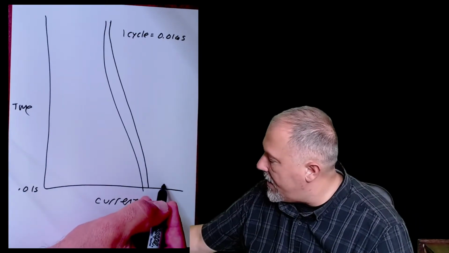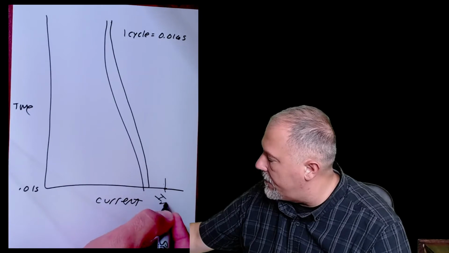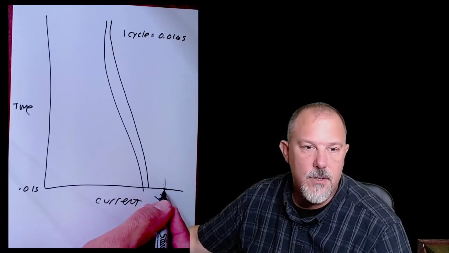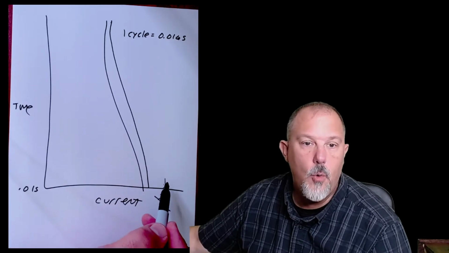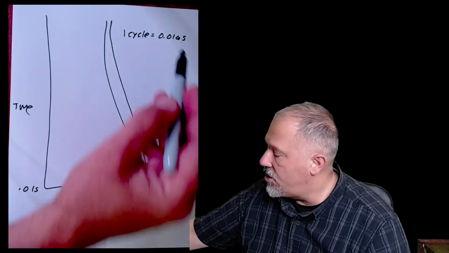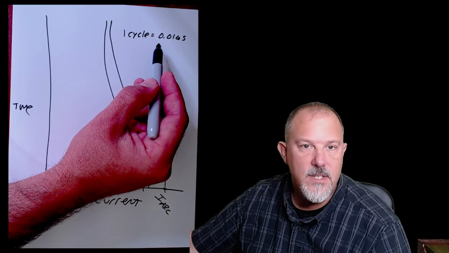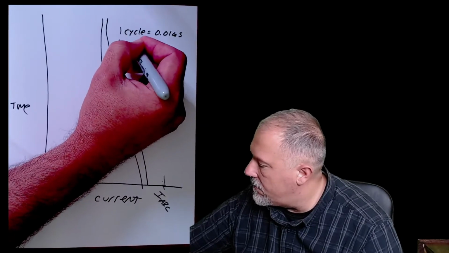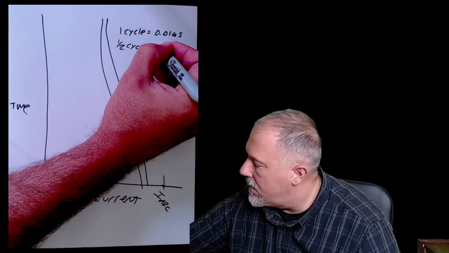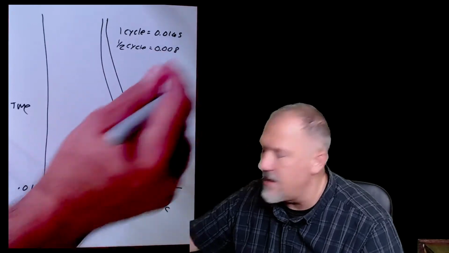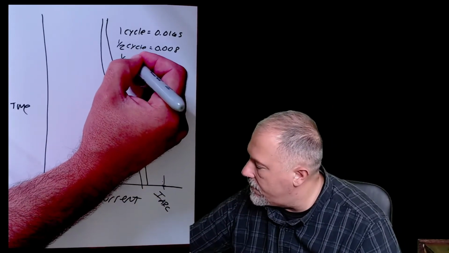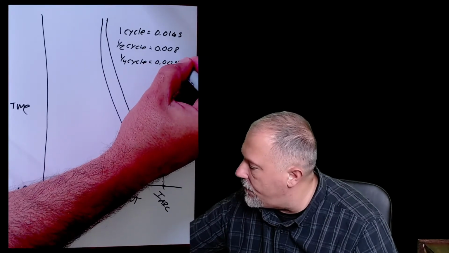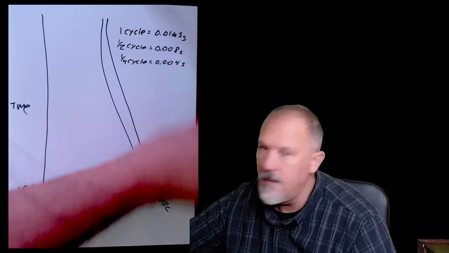So if my arcing current is here, I am clearing faster than 0.01 seconds. 1 cycle is 0.016, 1/2 cycle is 0.008, 1/4 cycle is 0.004, and these are all seconds.